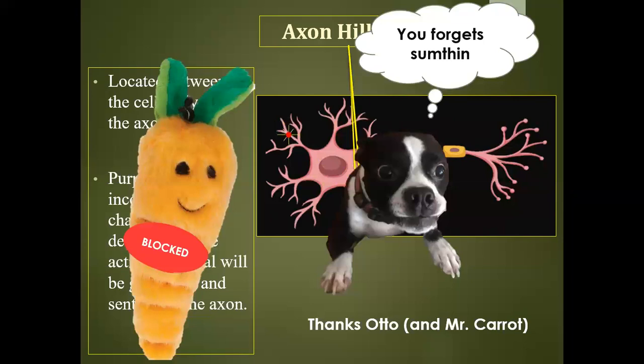Now, also to let you know, because you're probably thinking, oh, he's so adorable. Okay, he is. He's very photogenic for a dog. Mr. Carrot, his best friend, that is not necessarily the current Mr. Carrot. That is Mr. Carrot number 8. Because when Otto gets bored, he sometimes just eviscerates Mr. Carrot. And there's stuffing of Mr. Carrot and a random squeaker of Mr. Carrot found all across the household.